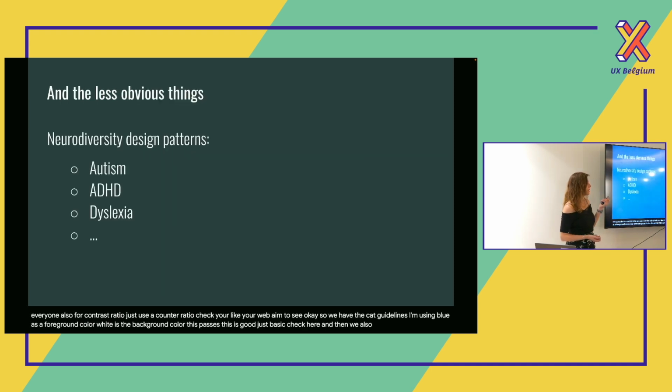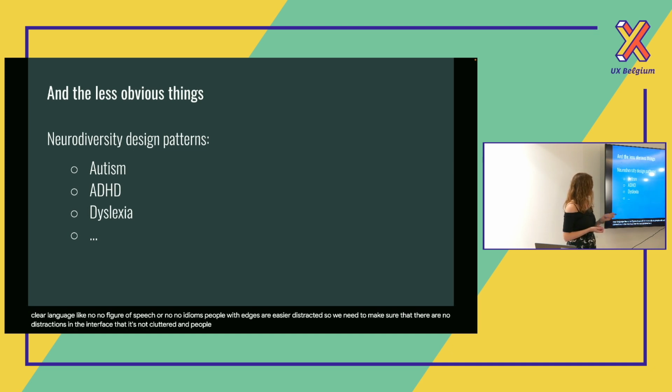And then we also have the less obvious things, like design patterns for neurodiversity. And those are often overlooked, because you have people with autism, where we need to use clear language, like no figure of speech, or no idioms. People with ADHD are easily distracted, so we need to make sure that there are no distractions in the interface, that it's not cluttered.